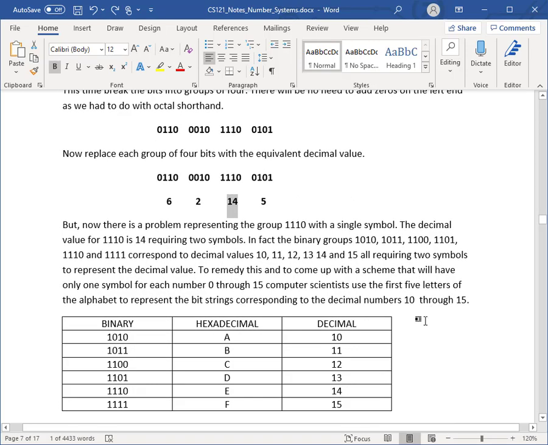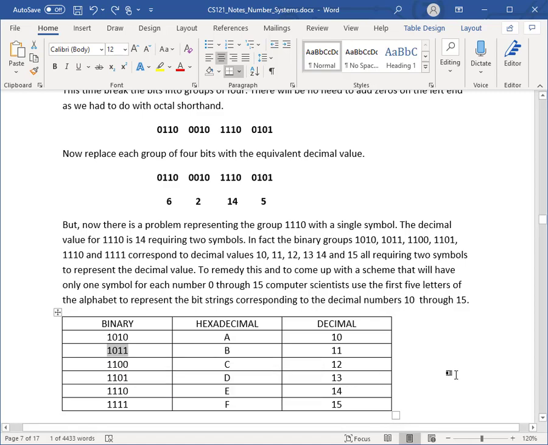And as you probably know, we use letters for that. So once we get to the binary value 1010, which is 10, we use the letter A to represent that value. So A represents 10 in decimal. B represents 11, and you can see the bit string that corresponds to that.